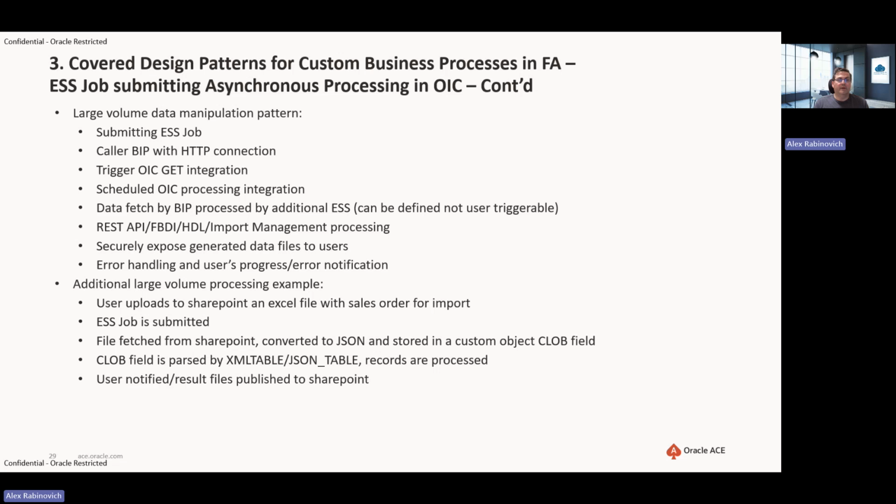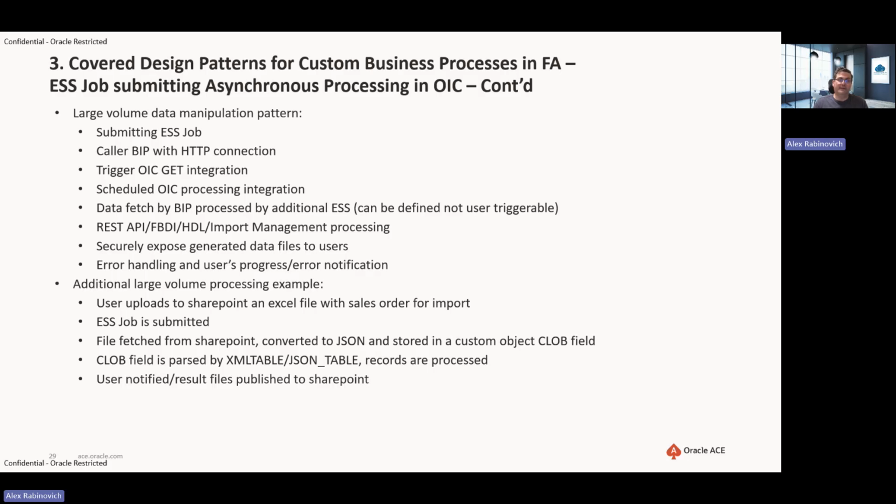So, an example of large volume processing: the user uploads a file to a SharePoint directory and submits an ESS job. Once the job is submitted, it calls OIC, OIC downloads the file from SharePoint, converts it to JSON, and uploads it to a single record of a custom object CLOB field.